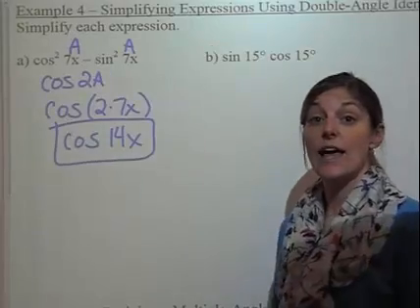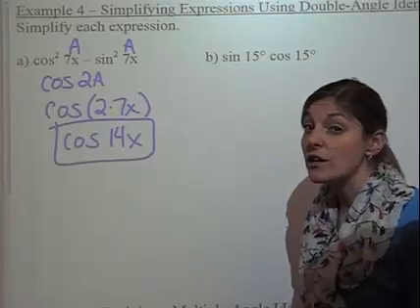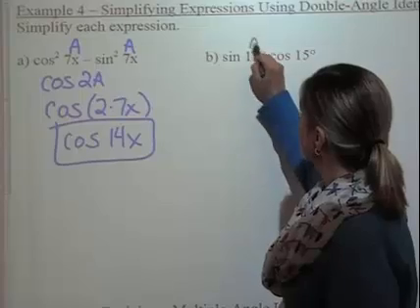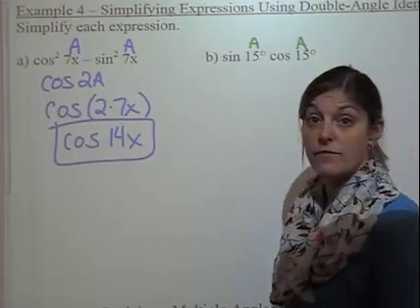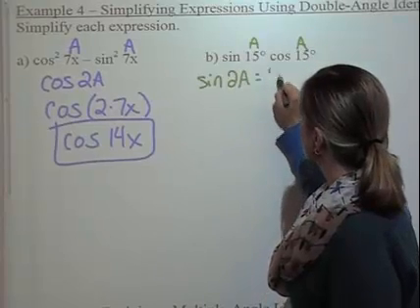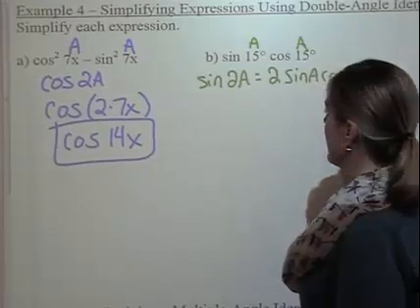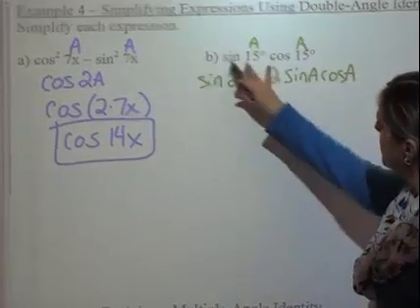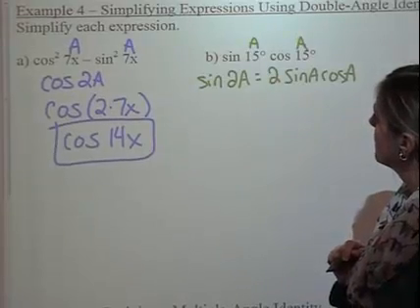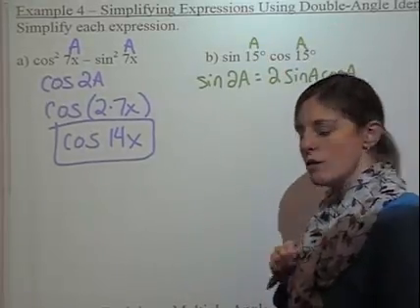Now let's take a look at part B. This one looks very similar to our sine of 2A. So let's say this is A. We know sine of 2A equals 2 sine of A cosine of A. We're almost there, but we have this 2 here. So how can we get rid of that 2? It looks almost like this. What can we do with the 2?